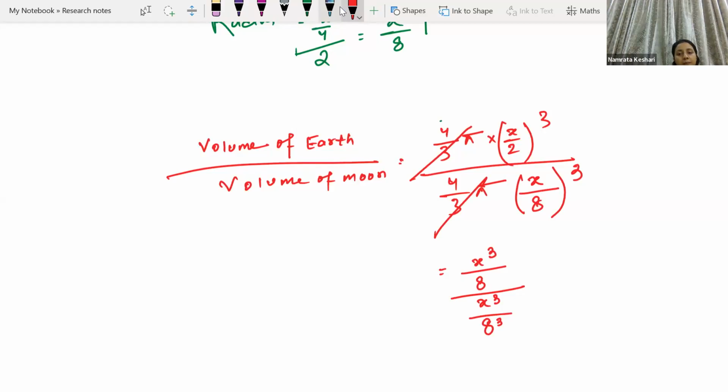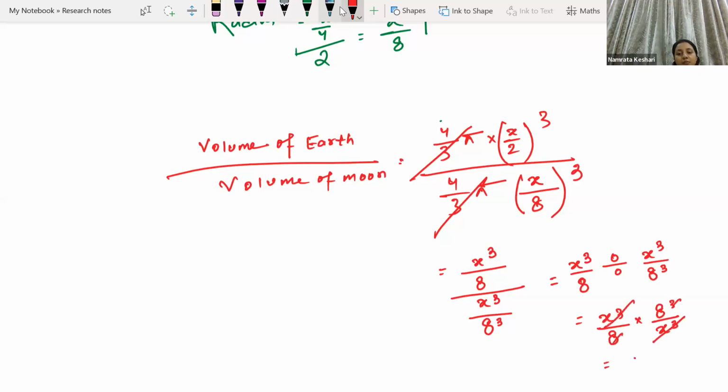Again, I'm going to show you what to do when you get such a scenario. x cube by 8 divided by x cube by 8 cube, that means x cube by 8 into 8 cube by x cube. Are you getting it? x cube gone, 8 and 8 gone, 8 square will be left.